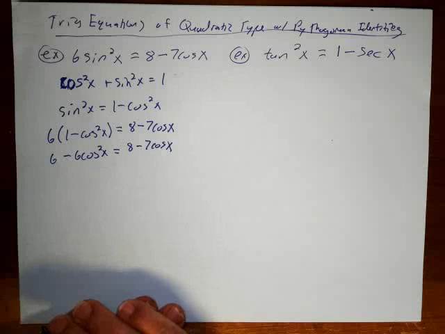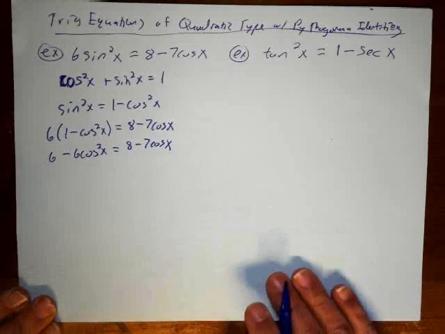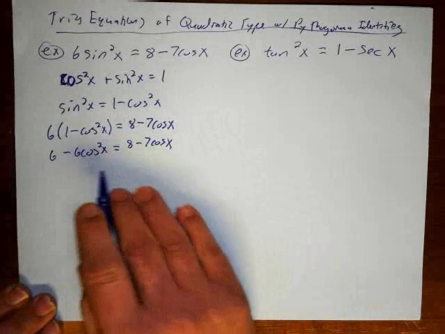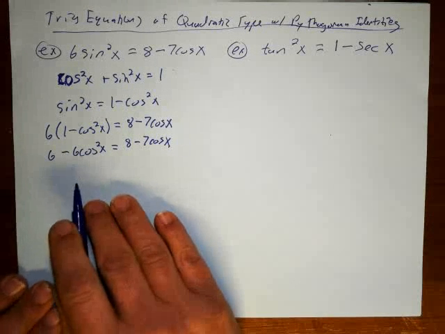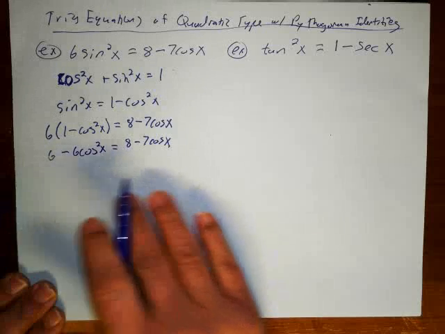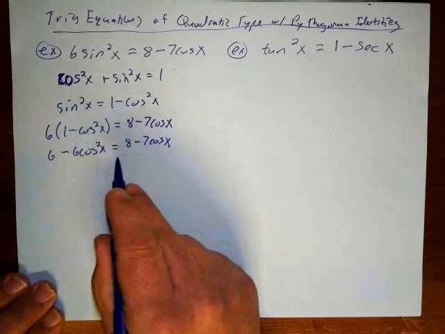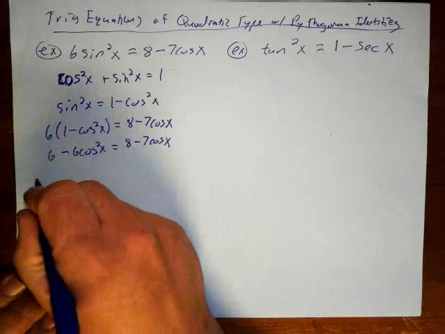Okay, so now we're going to bring everything to one side and then put them in descending order. So I'm going to bring this over to this side, but I'll write it on this side of the equation.